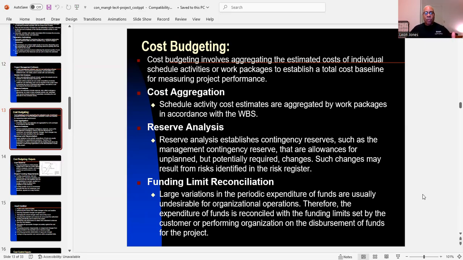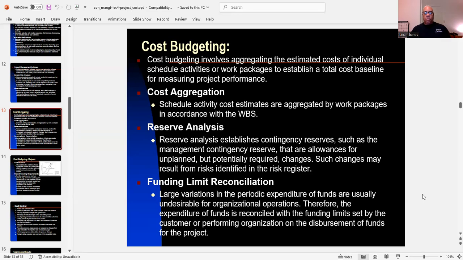We get into cost aggregation, and that's where scheduled activity cost estimates are aggregated by work packages in accordance with the WBS. What is WBS? It stands for Work Breakdown Structure.